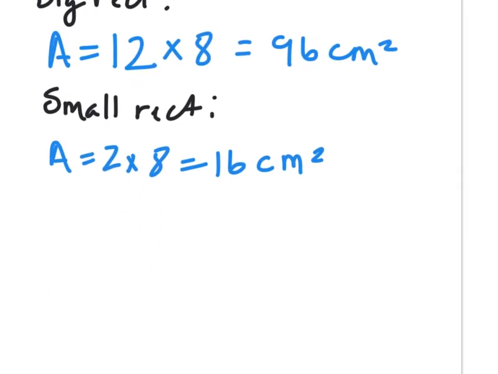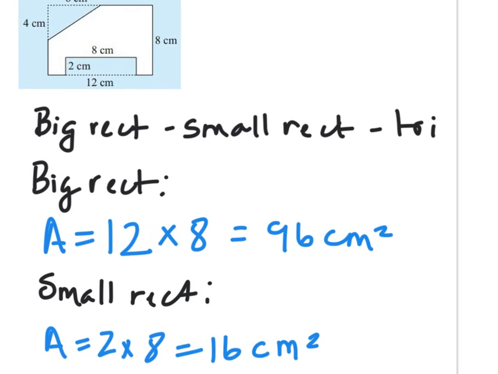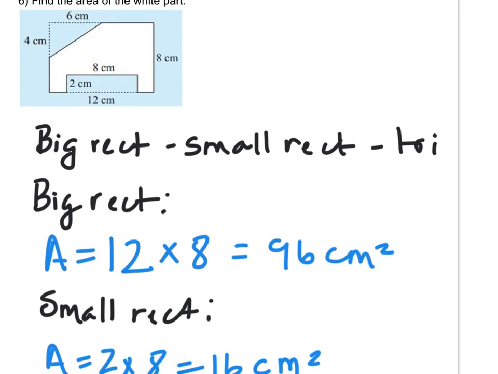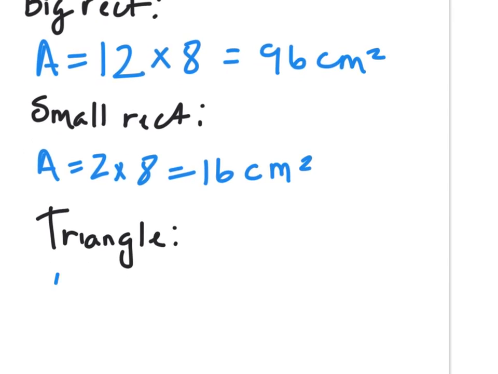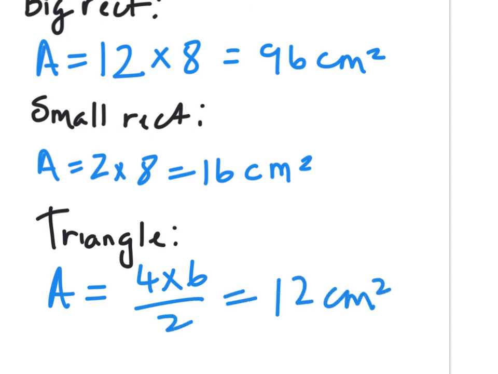And now we're going to do the triangle. And the triangle, well, is going to be 4 times 6. Okay, and the right angle is in there because it's the corner of a rectangle. So, what have we got? Area equals 4 times 6 divided by 2, which works out to be 12 centimeters squared.